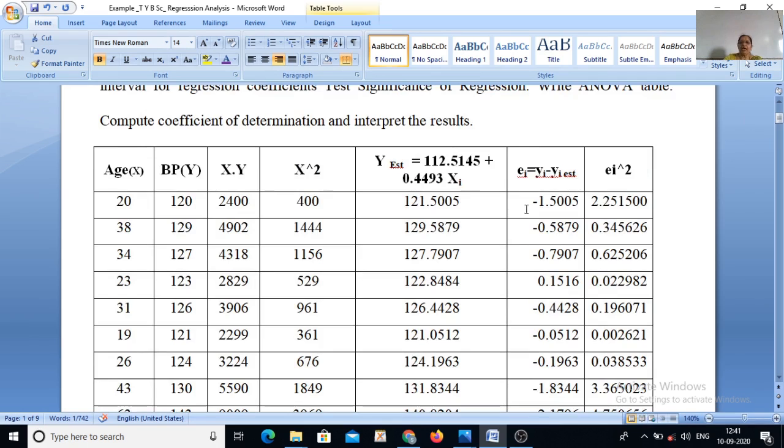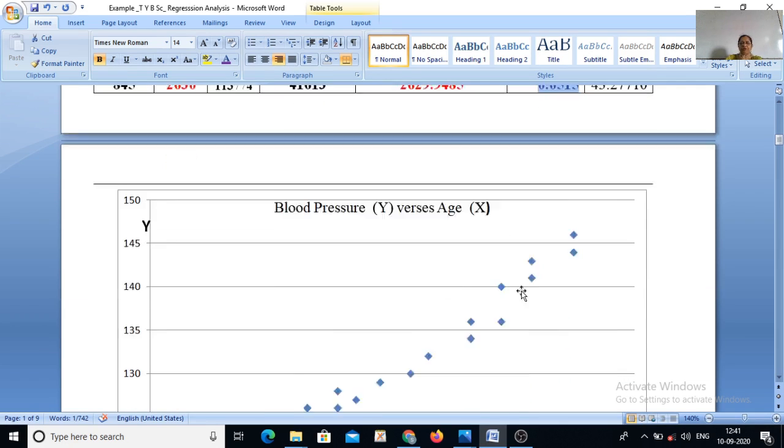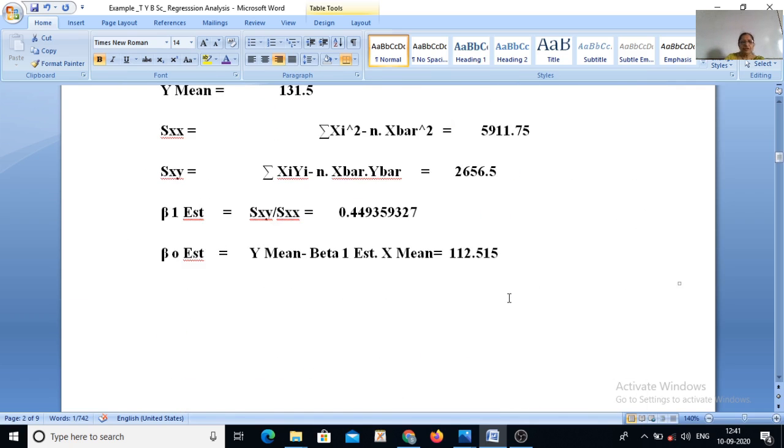Further, I am computing ei square. We know that the summation of ei square gives us the residual sum of squares. So when I compute the summation of ei square, the value is 43.277.